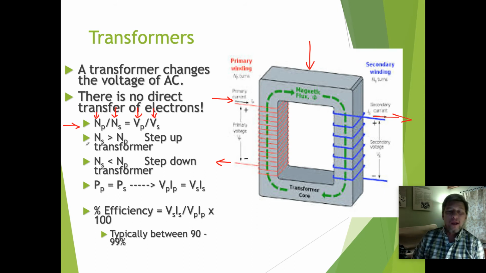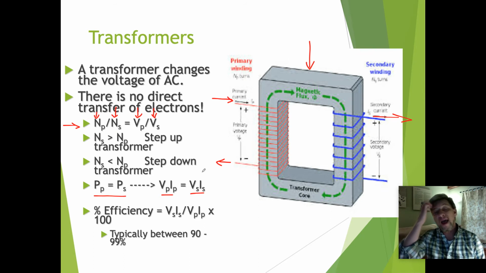Now, the other relationship that you have to realize is that the amount of power remains constant. And so the formula for power is V times I, or voltage times current. And so we can use that for a variety of things as well.